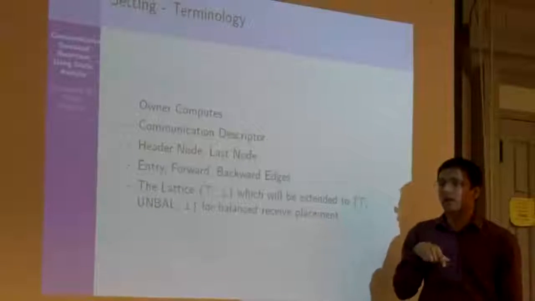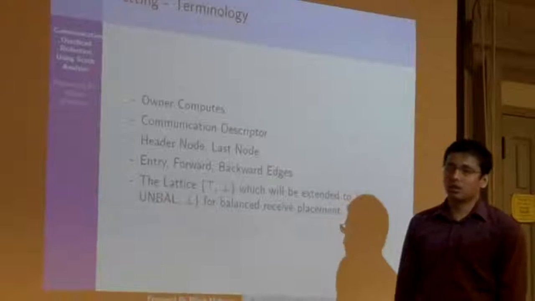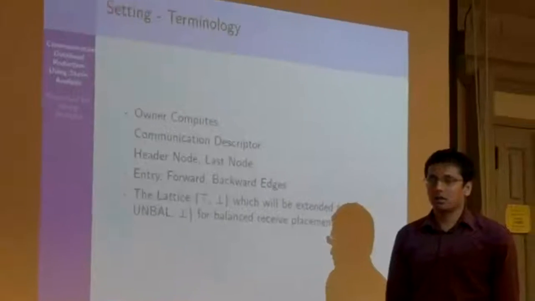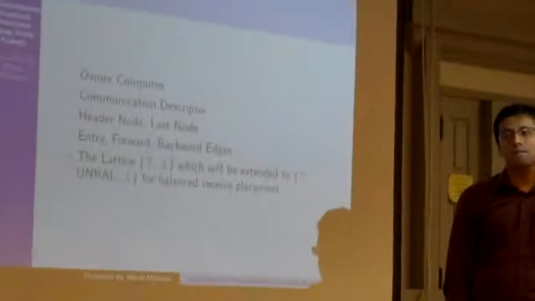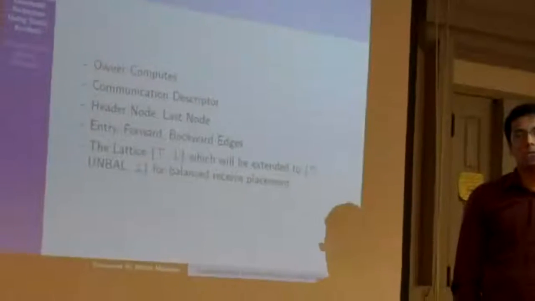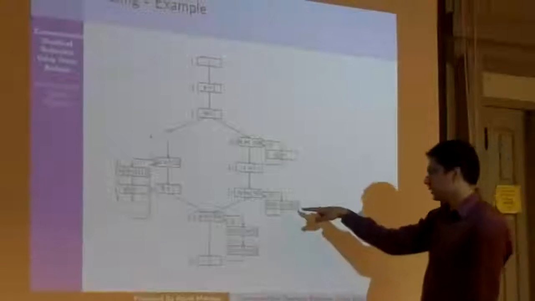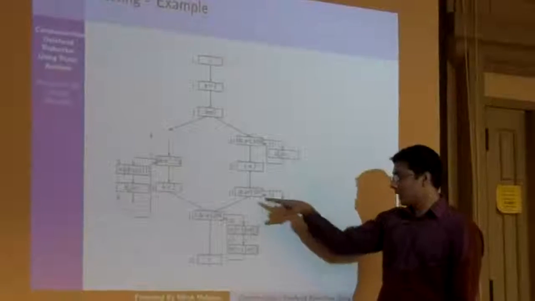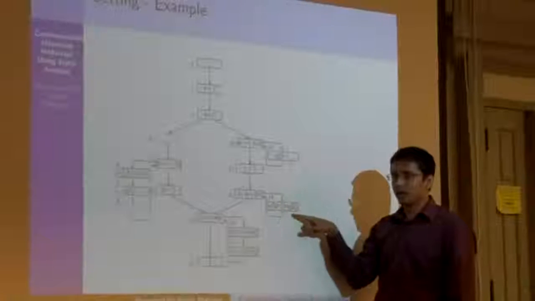When you said communication descriptor, that's a reference to data on a remote processor. Is this like a partitioned global address space, or does it somehow correspond to the sends and receives, or something else? Well, it just corresponds to the receives. Because you are receiving this, so this is like x 1000, right? 1 to 900.